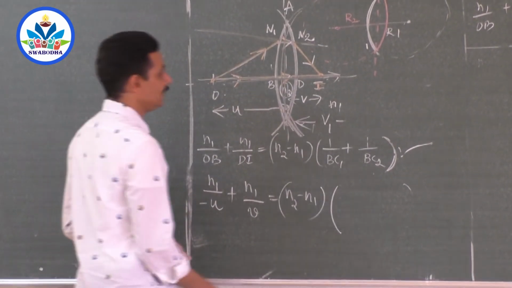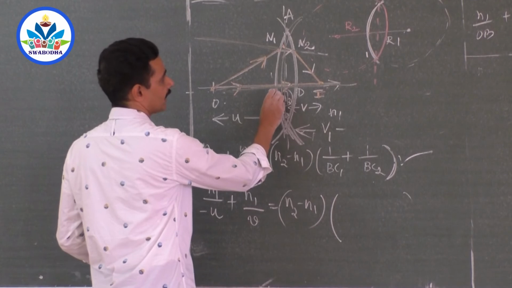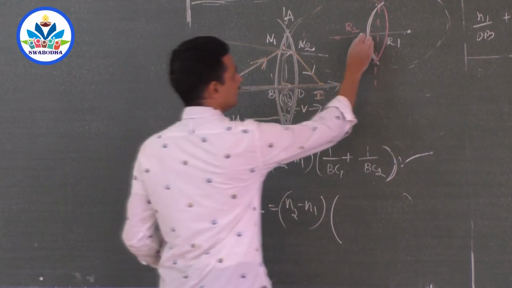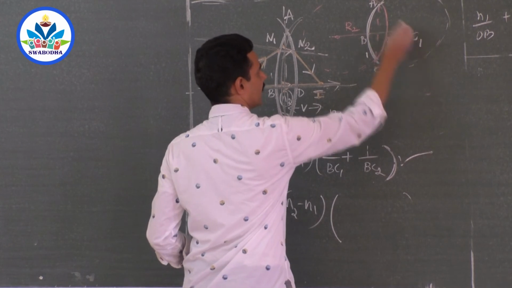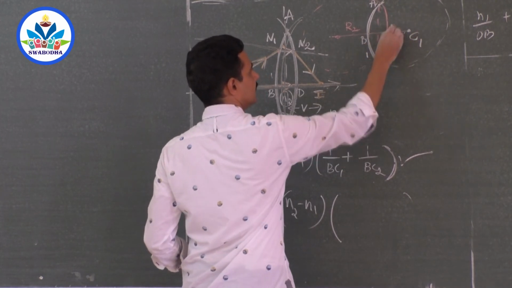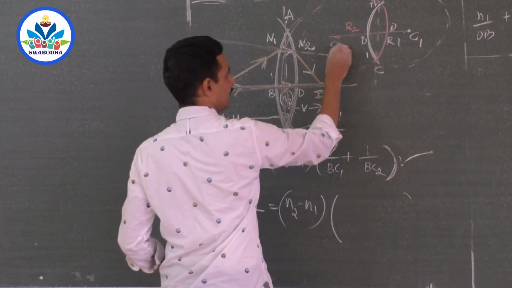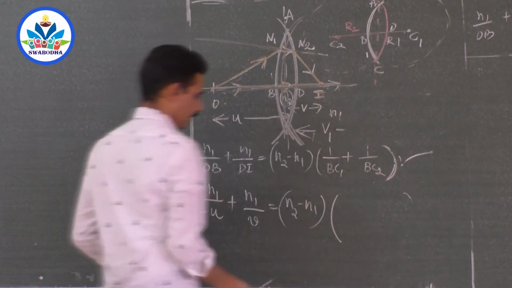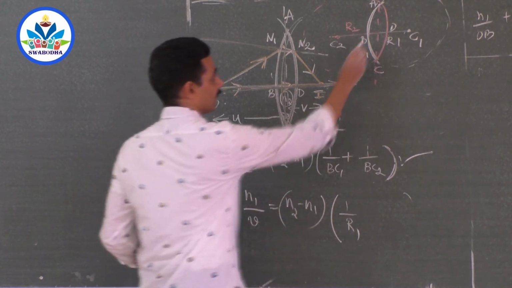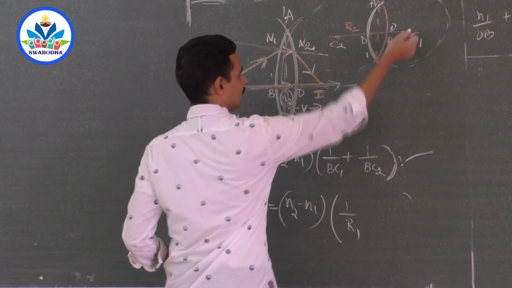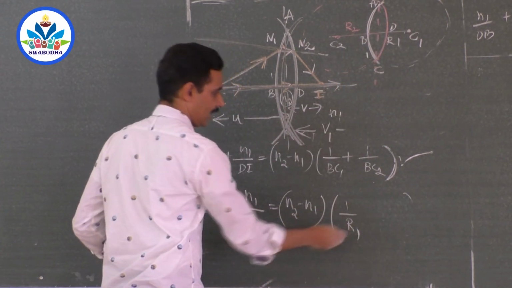BC1. BC1 is coming on the right hand side, because this is ABC and the center of the first one lies here, and this is ADC, the second surface center lies here. This is DC2. So 1 by, it is plus R1. Hope you have followed. Why plus R1? Because it is on the other side, the surface is here and the radius is this one, R1.